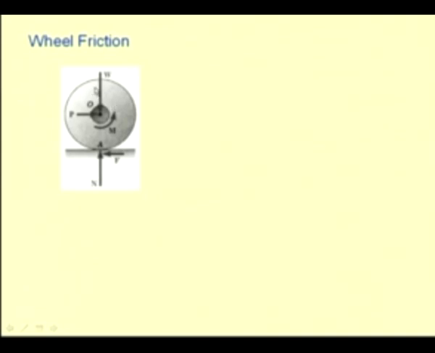Now, when this wheel starts moving in the forward direction, we know that there exists a friction between this axle and the wheel which resists the motion. So, if the wheel tends to move by rotating in the clockwise direction, then we have the resisting moment acting in the counterclockwise direction at the axle.